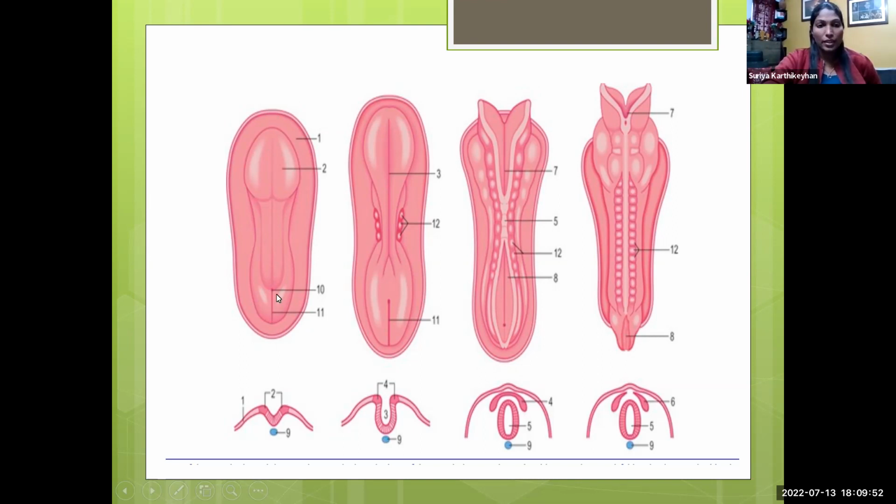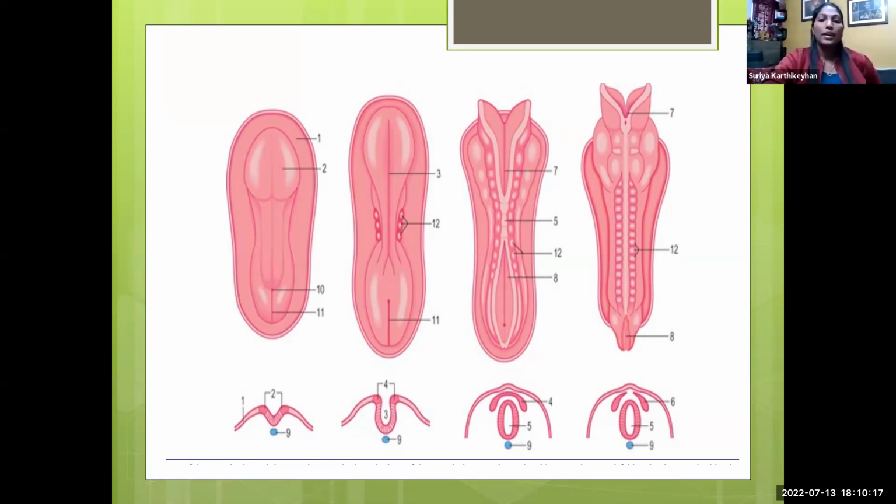We are seeing the embryo from the superior aspect. That is, we have removed the amniotic cavity from here. We are seeing only the ectodermal part, and below this, we have the mesoderm and the endoderm. This is the cranial end, caudal end, right side, and then left side of the embryo.